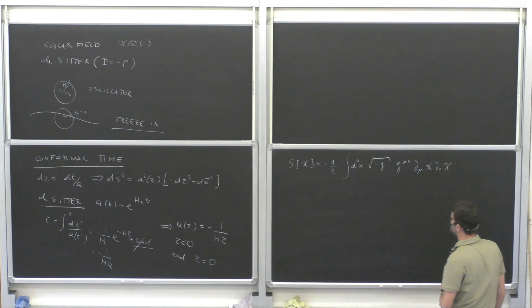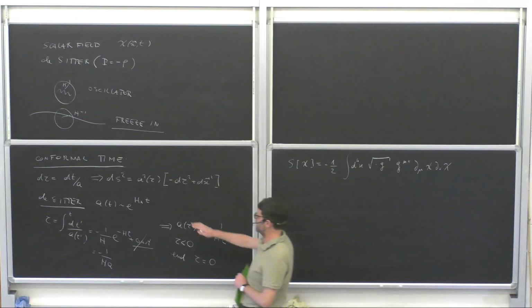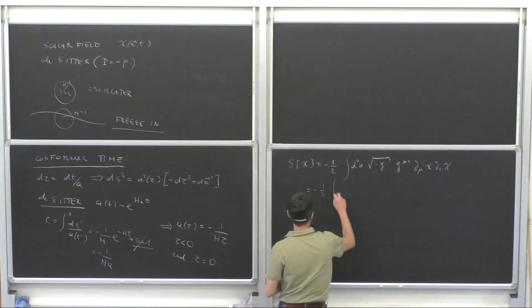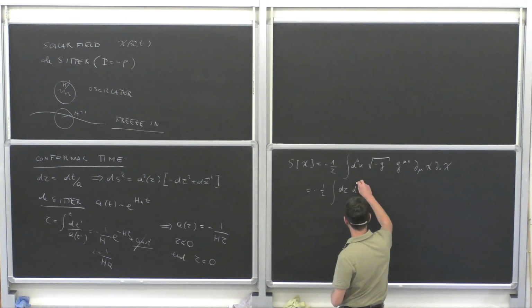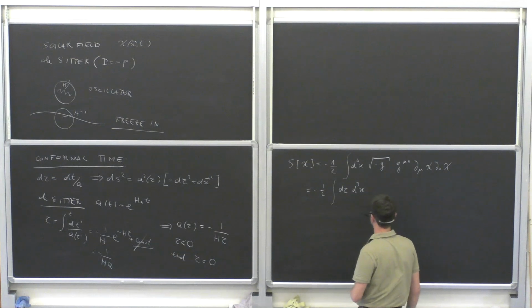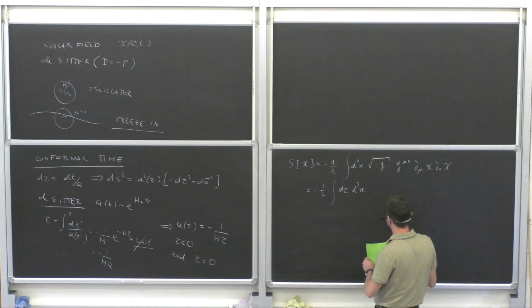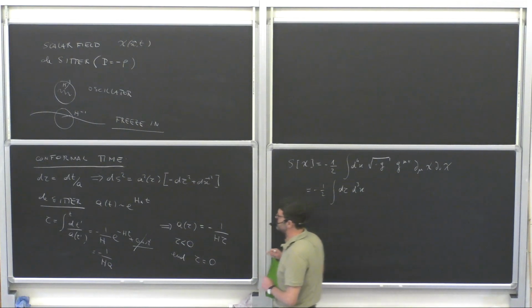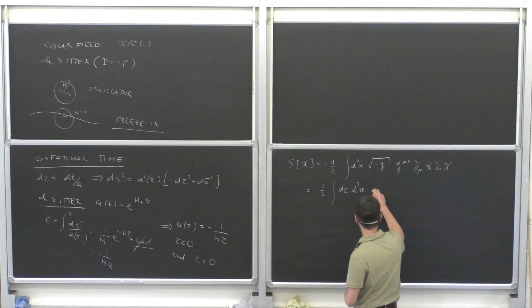Okay, now I want to write this using my metric, which I'm going to use from now on. So this is equal to minus 1/2 integral in d tau d^3x. I separate the coordinates just to remind myself that I'm using conformal time. Here I have the square root of g. Of course, g is a to the 8, and I take the square root, which is a to the 4.